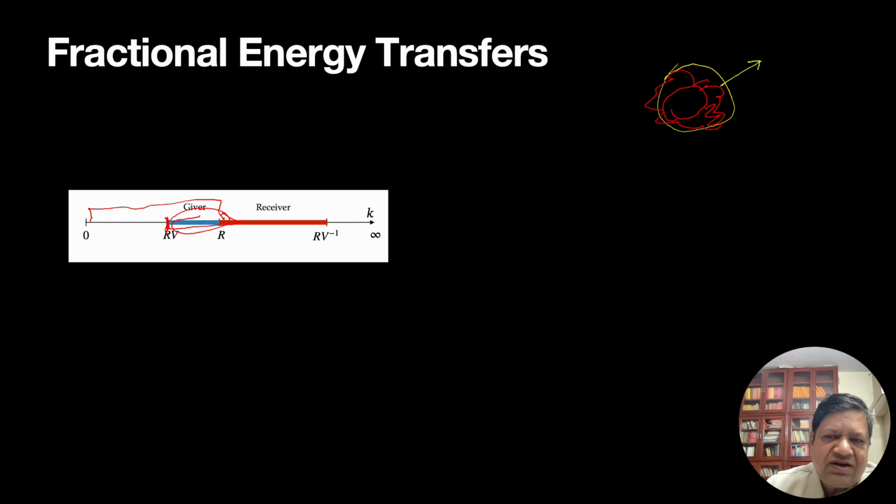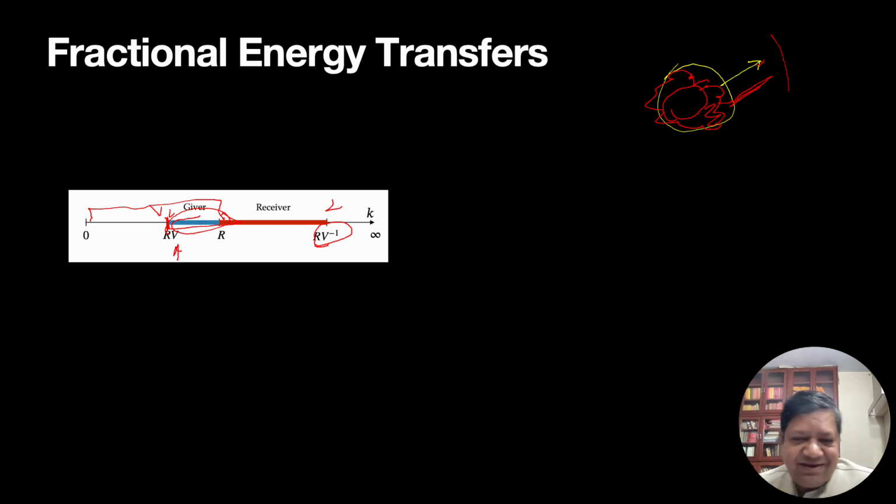So a receiver is not up to infinity, receiver is up to RV inverse. So let's say V is half, 0.5. So this will be 0.5 to 1, and this guy will be 1 to 2. So this will become 1 to 2, and this is 1 to half. So we make this fractional energy transfer.